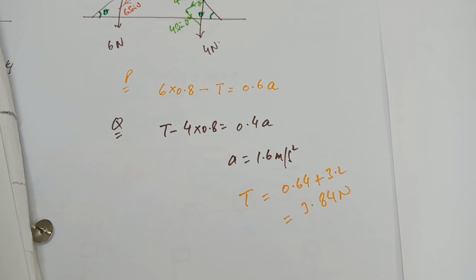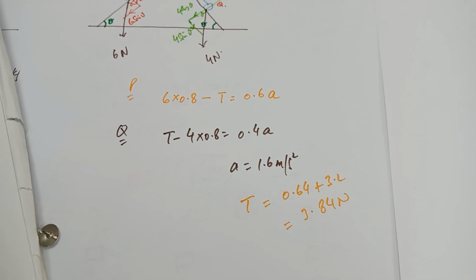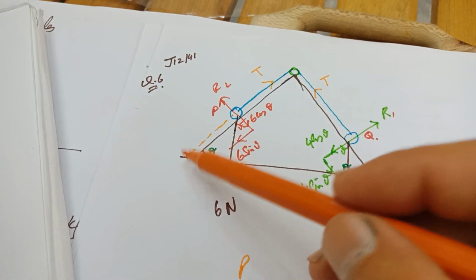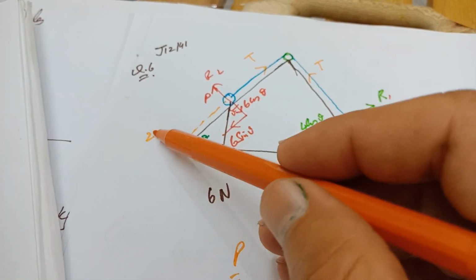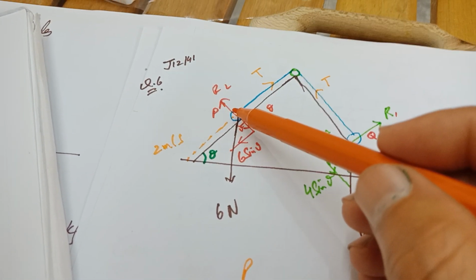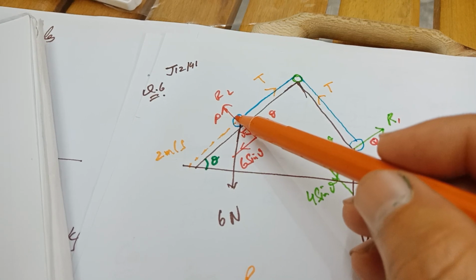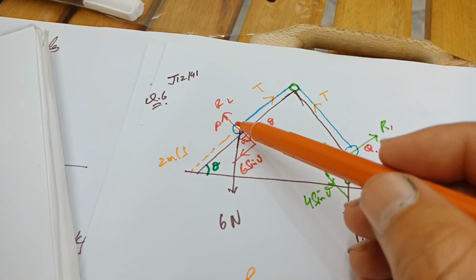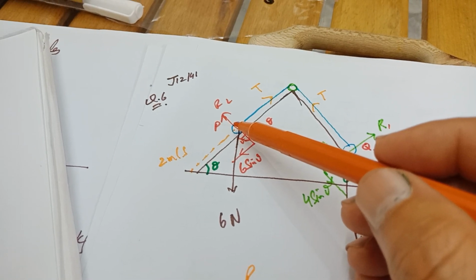Now it says the speed of P when it reaches the ground is 2 meters per second. When this P reaches the ground over here, its speed is 2 meters per second. And remember, when we just released it, its initial speed is 0. On reaching the ground, P comes to rest and remains at rest.